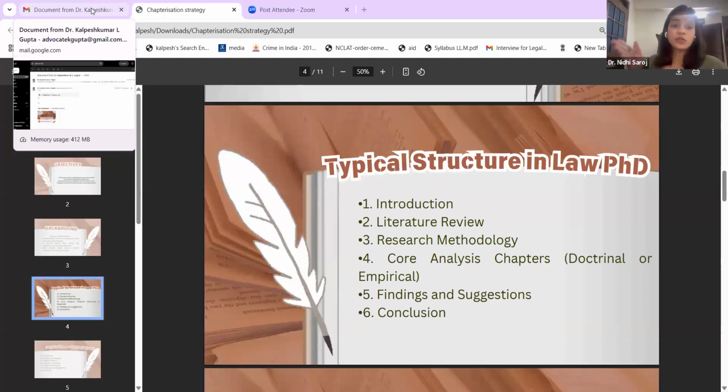Very important. I think you all should be very clear about your first chapter. If your first chapter has been drafted properly, you get an idea, you get a strategy as to how your other chapters should look, right? So if you look at a typical structure, obviously in the introduction, if you want, you can include the literature review.